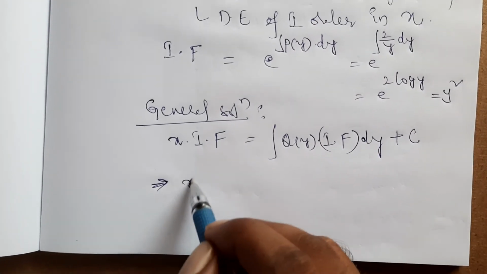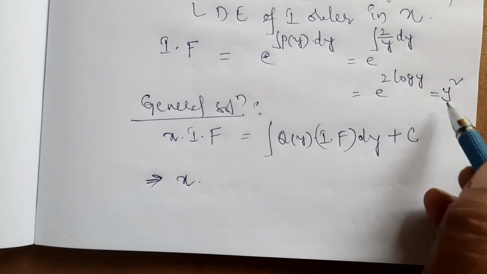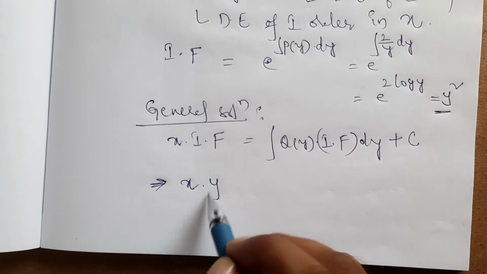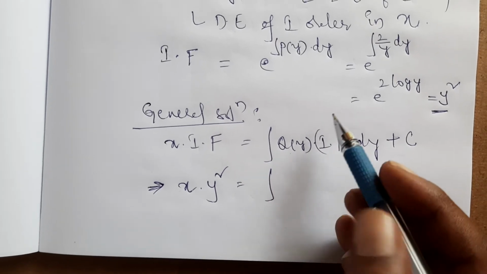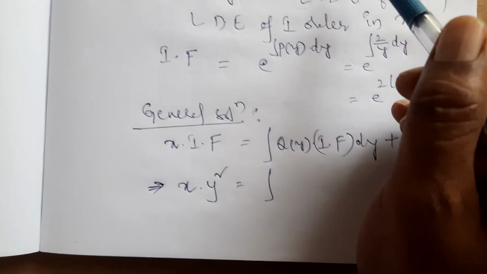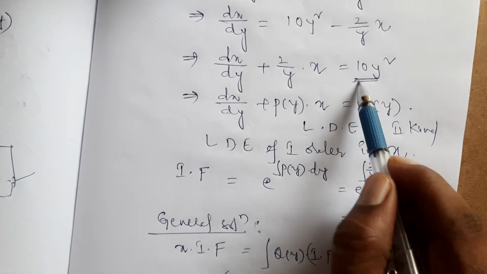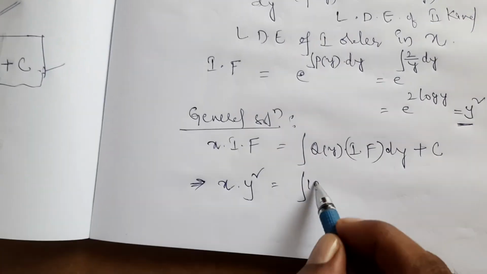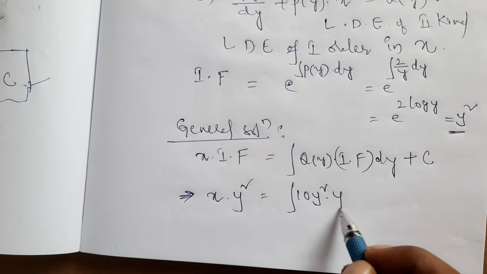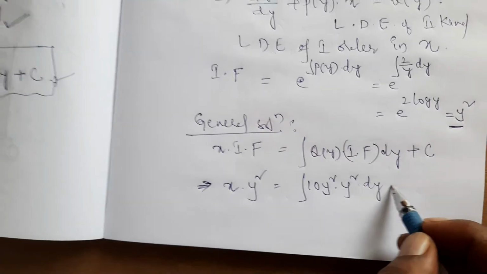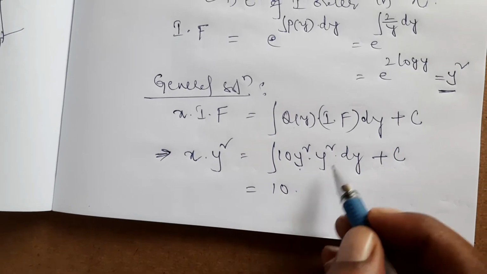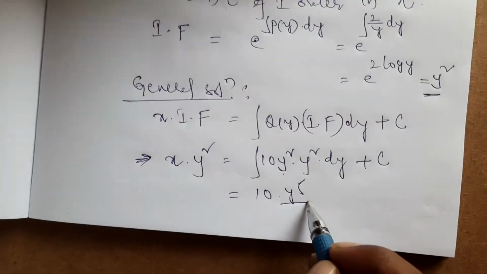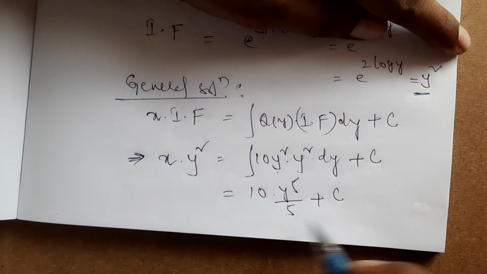So here you can get x into, what is the integrating factor value? y square equal to integral q of y. What is the q of y? Instead of q of y, 10y square is there. Here you will get 10y square into y square dy plus integration constant c, means 10 into y power 4 dy, means y power 5 by 5 plus integration constant c.